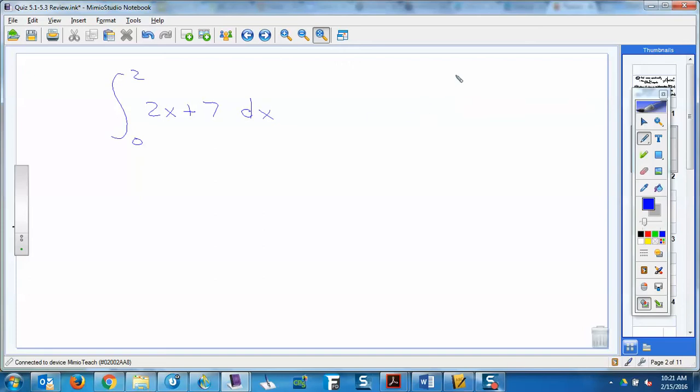So you could graph this, right? We could graph 2x plus 7, which would go like this. Here would be 7. From 0 to 2, it would be a trapezoid, agree with that? And so what would be that area?